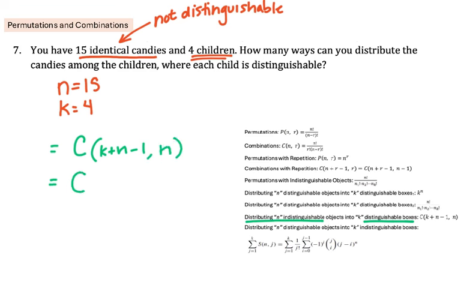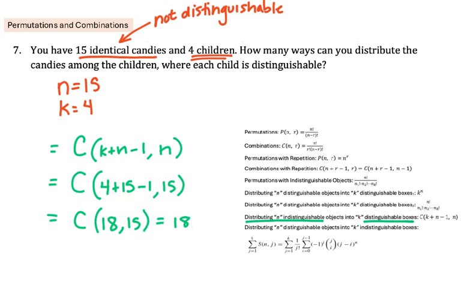So in this case, it's going to be 4 plus 15 minus 1 comma 15, which is the combination of 18 comma 15, which is 18 choose 15. So our final answer will be 816 different ways to distribute those candies among 4 children.